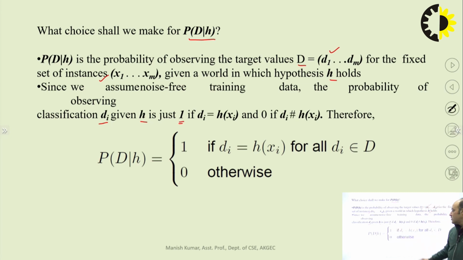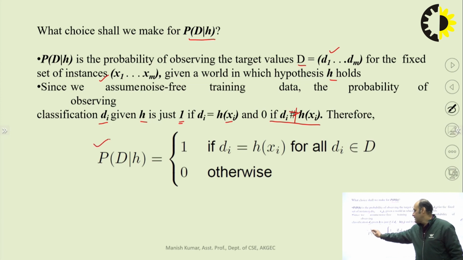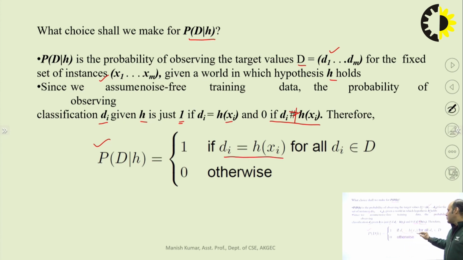It is 1 if di is equal to h(xi), and 0 if di is not equal to h(xi). So we can have a choice that the value of this probability of our data given h is equal to 1 if di is equal to h(xi) for all di belonging to D, otherwise the value of P(D|h) is equal to 0.